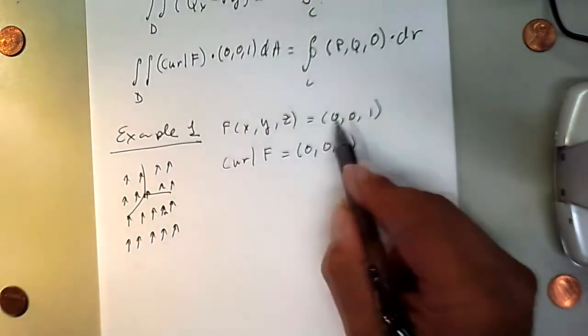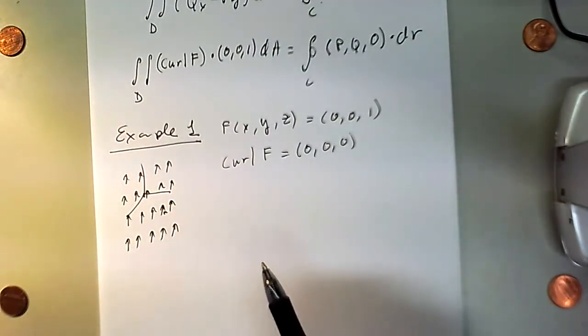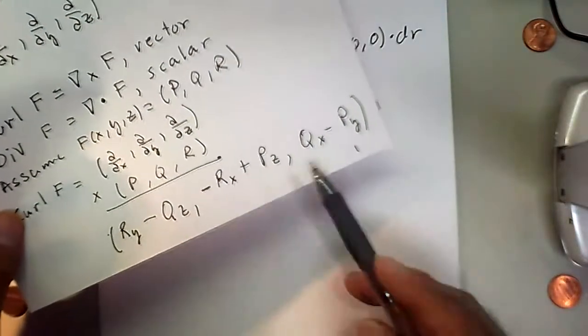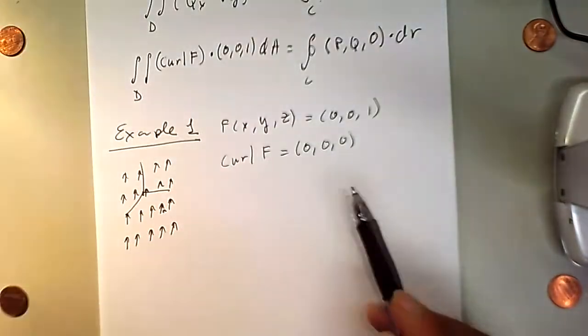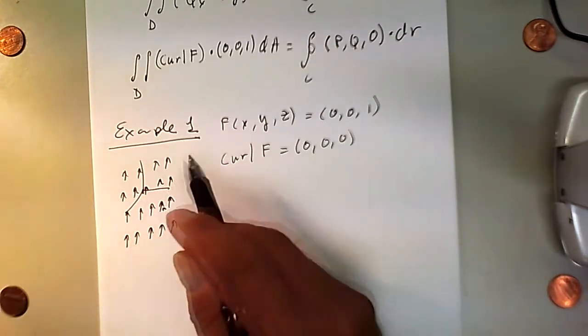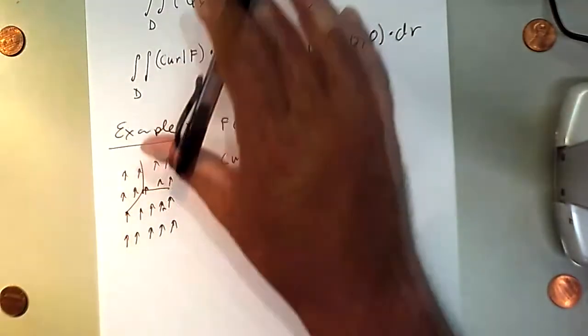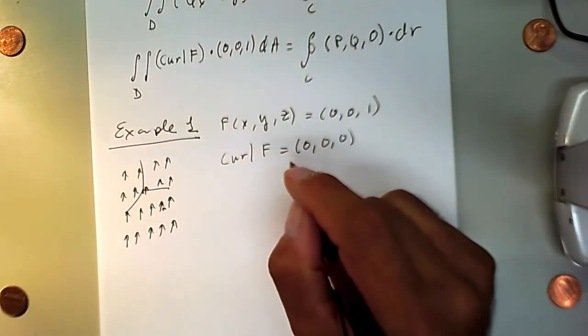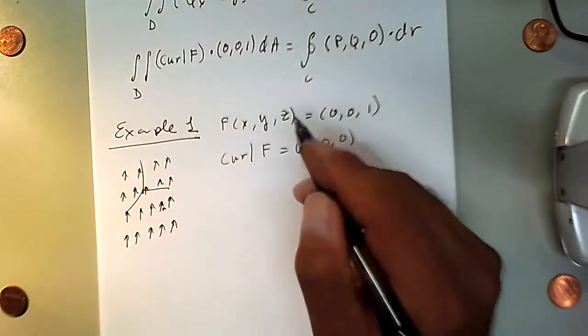And even if we add or subtract derivatives, as we are doing here, all of them are going to be 0. So we're going to be adding and subtracting a bunch of zeros. So the curl of this is 0. Again, we have a continuous, nice, smooth flow in one direction, and the curl is going to be 0.